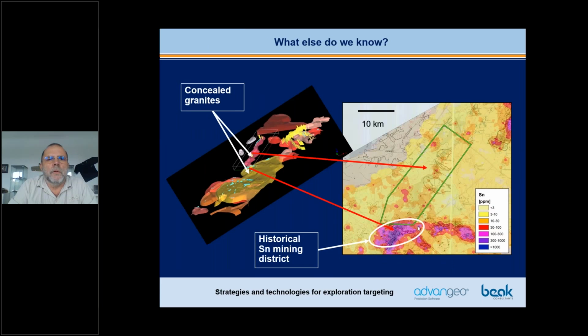About this we will talk more tomorrow. But what we can see here in this last slide is a big concealed granite we modeled using magnetic and gravimetric data under this belt of the low-grade tin anomaly.